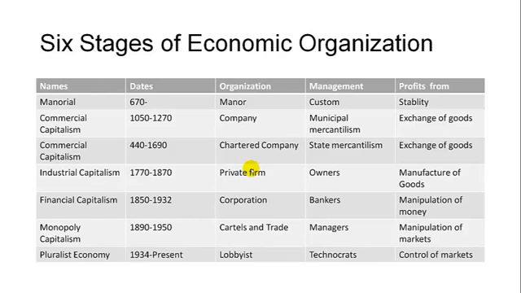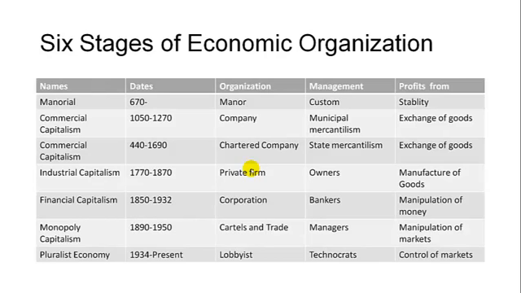Now, this is from 770, the agricultural, the industrial, all those revolutions produce industrial capitalism, and that freed the independent owners to make money from the manufacture of goods.